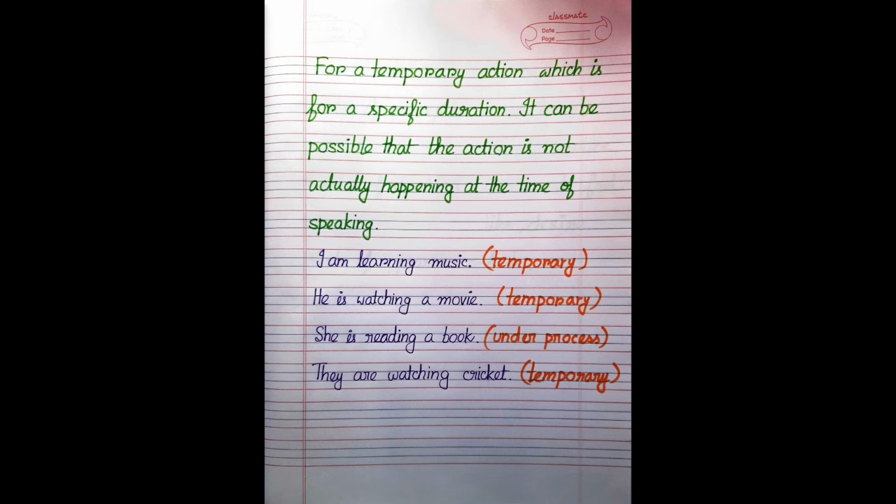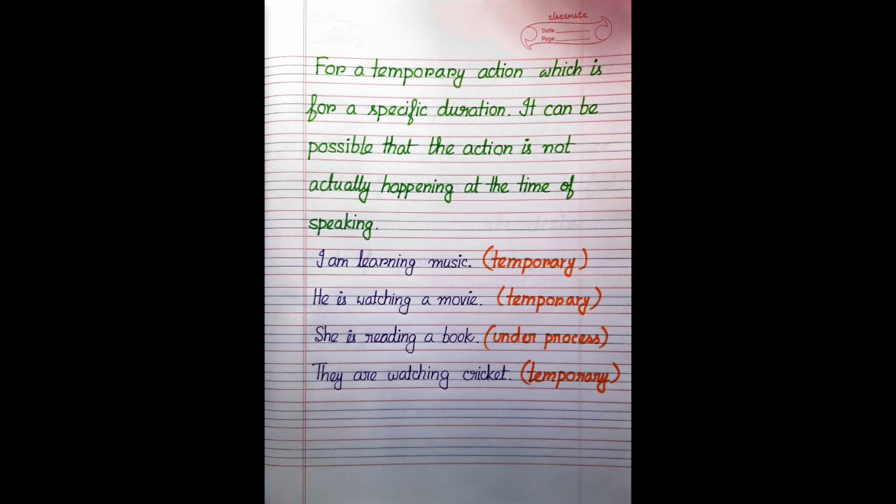It is a kind of temporary action. For example, I am learning music. It doesn't mean that I am going to learn music for the whole life. It will end in a specific time. That means the sentence is suggesting a temporary action. So we have used present continuous tense.